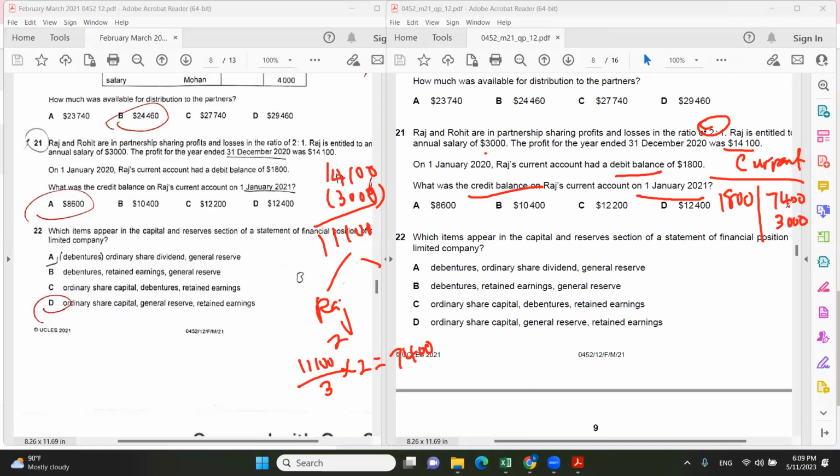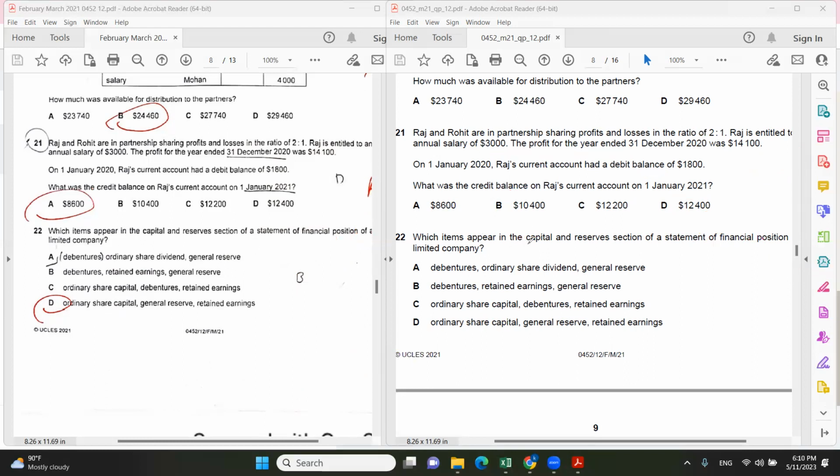So take these two, 7,400 plus 3,000 minus 1,008. So we get the balance 8,600. So this amount is the balance, so it will bring it to here, beginning of the year, sitting in the credit balance. Okay, next move on.